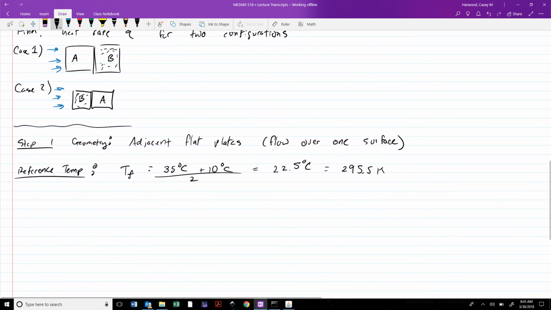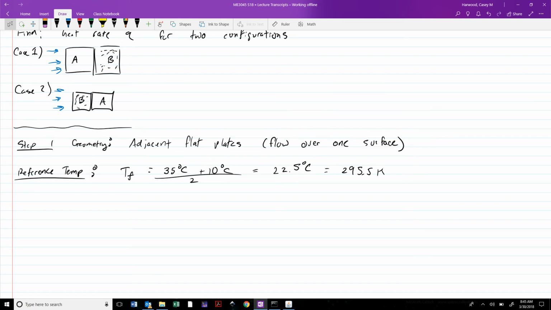So if we go to Table A4, back of the book, look up air at a temperature of approximately 295 Kelvin, we end up with viscosity equal to 1.55 times 10 to the negative fifth meter squared per second, fluid conductivity of 0.026 watts per meter Kelvin, and a Prandtl number of 0.708.